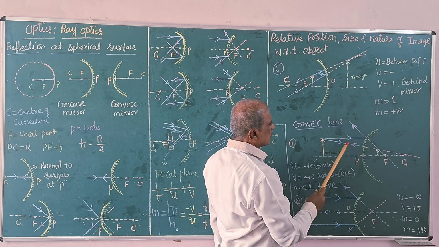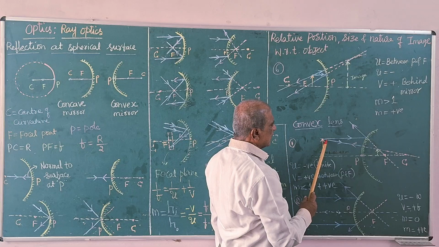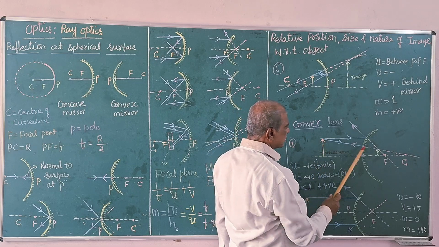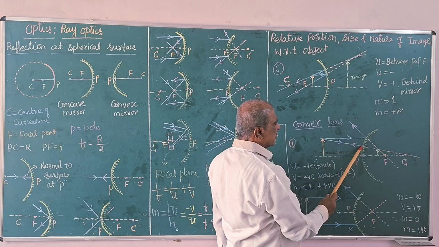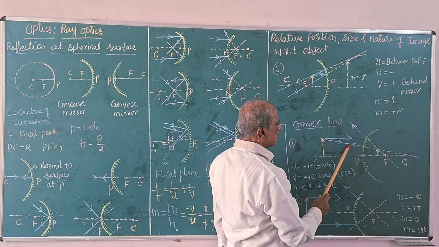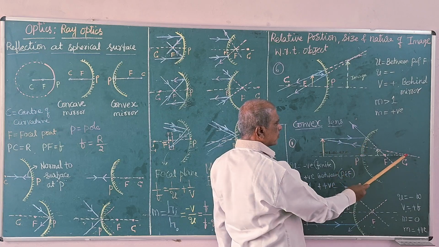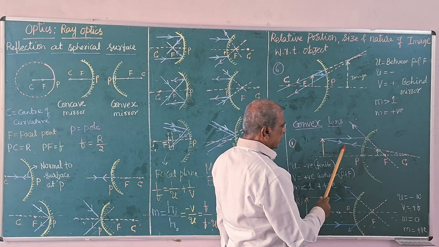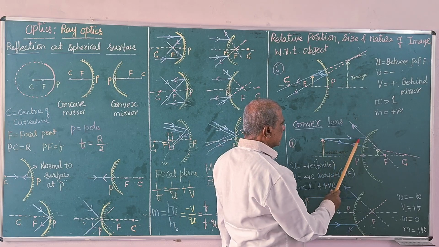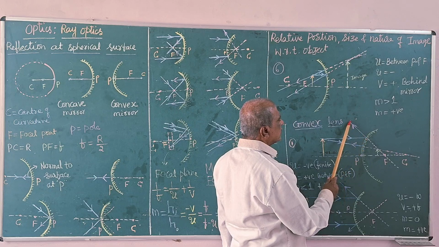If you take the incident ray in the direction of the point C, after reflection from the surface it will remain on the same line since it is normal to the mirror. Incident ray, reflected ray, same line.